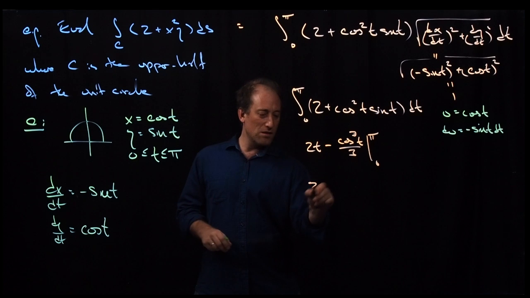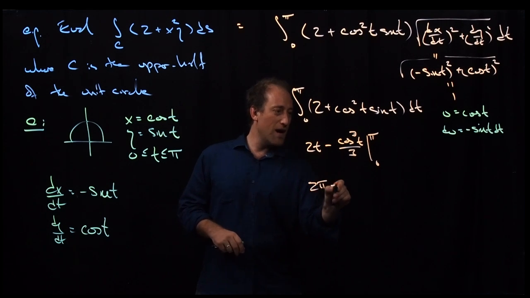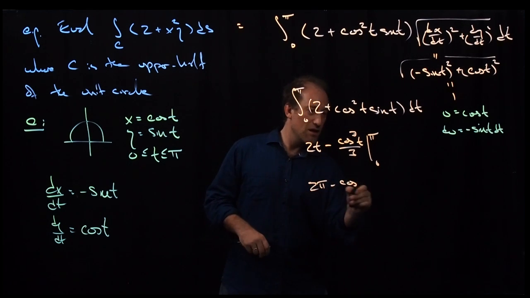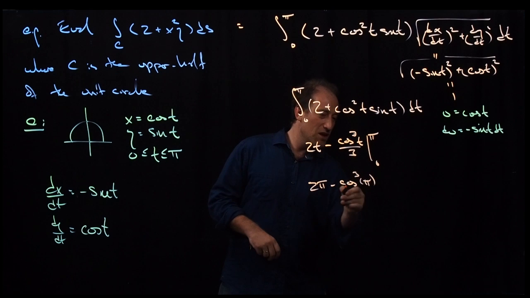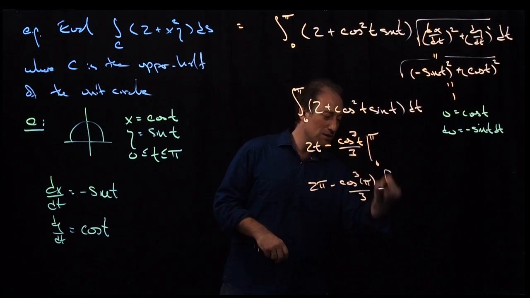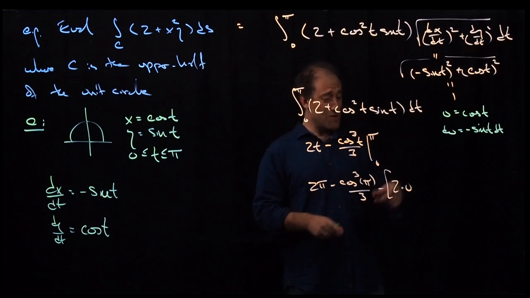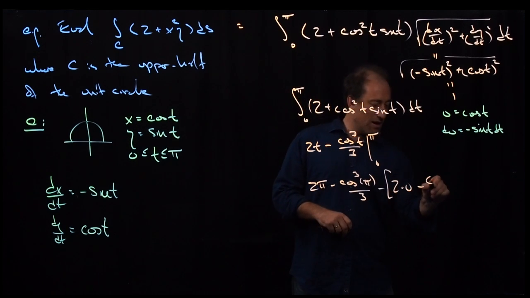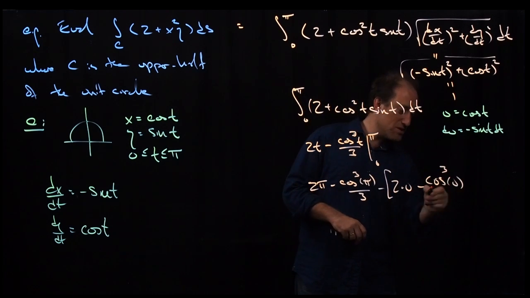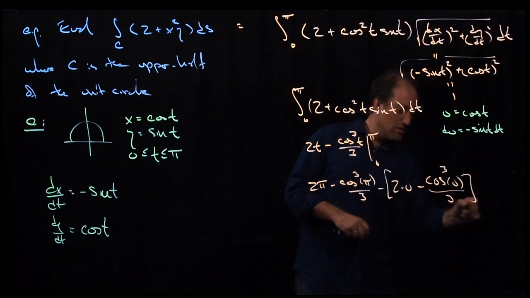All right, 2 pi minus cos cubed pi over 3, minus quantity 2 times 0. Be careful because cosine of 0 is not 0. Cos cubed 0 all over 3.